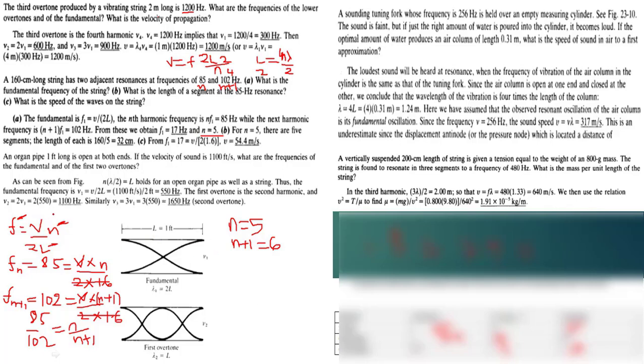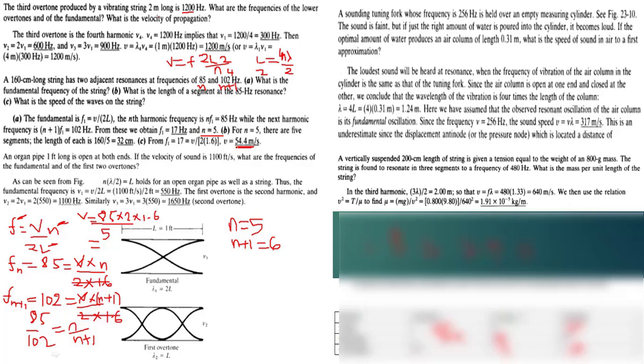So we know velocity ni sawa sana frequency 85 times twice times 1.6 meters divided by n. For that case n is equal to 5 kwa sababu ya 85 hertz, n yake ilikuwa is equal to 5. So from there you can solve for v na utapata v ni 54.4 meters per second.